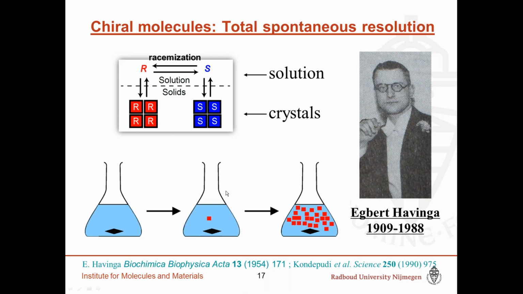So the racemization reaction keeps the solution all the time at a 50-50 ratio. And in this way, he said, also for chiral molecules, for the same process as I showed you before, I can wait for the first nucleus. If it is a right-handed one, then using this attrition, you end up with a lot of right-handed crystals, and in the solution, the racemization reaction will, of course, maintain the 50-50 ratio.